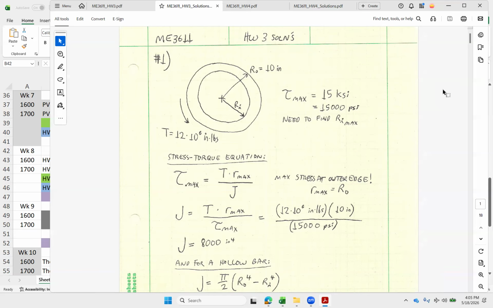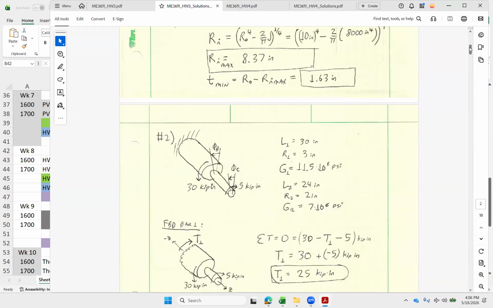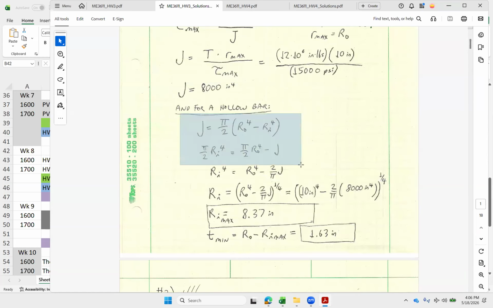So what we can solve for is the J that's required. It's 8,000 inches to the fourth. And for a hollow bar, we just take pi over 2 r to the fourth for the outer minus pi over 2 r to the fourth for the inner. So if our r outer is fixed, we can solve for the r inner. It comes in at 8.37 inches, so we're going to need to make this drive shaft 1 5/8 thick.